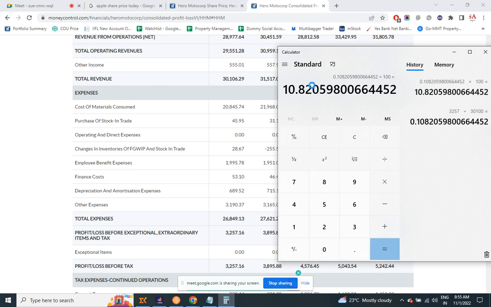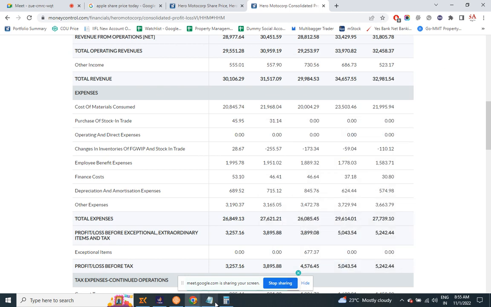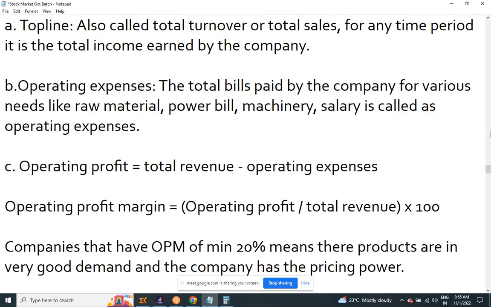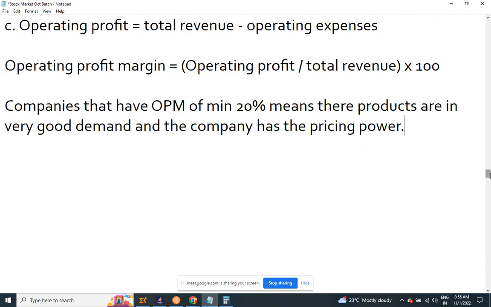Only 10.82%. So note it down here. So that's a very low margin.